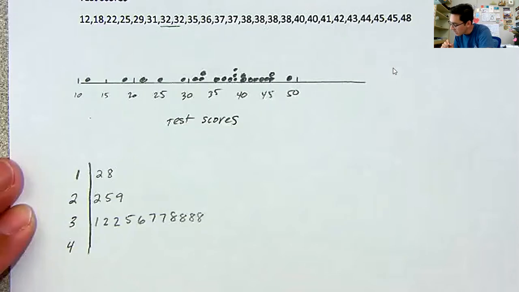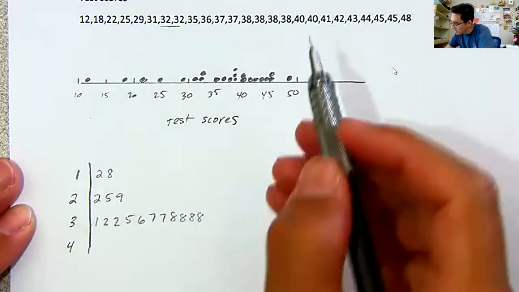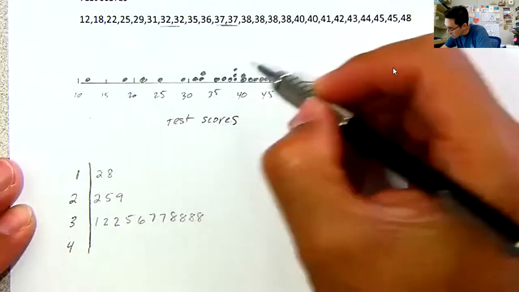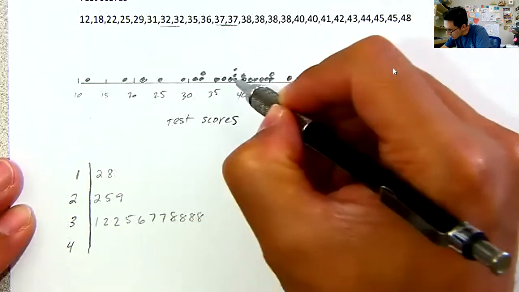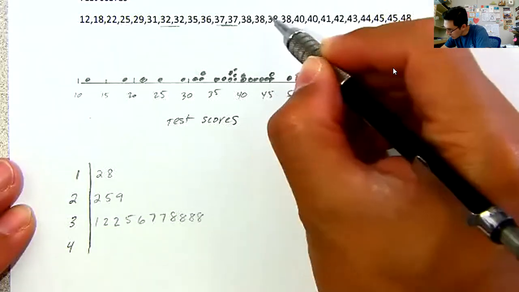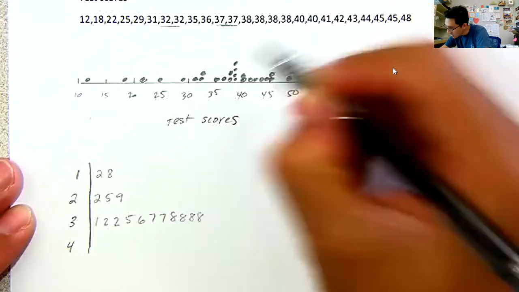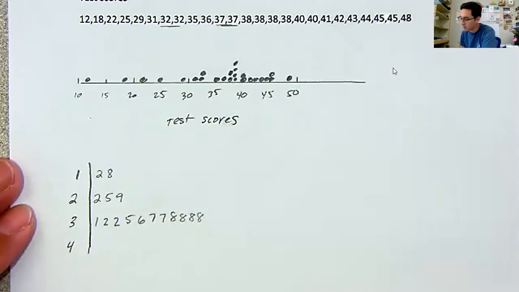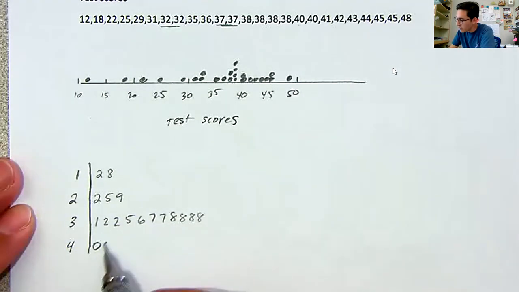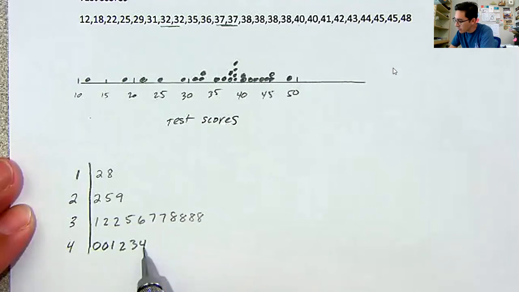And going back now, I think I forgot to do the 2 37s. Forgot to do that. And there was 1, 2, 3, 4 38s. All right, so let me fix my dot plot a little bit. Okay. 40, 40, 41, 42, 43, 44, 45, 45, and 48.